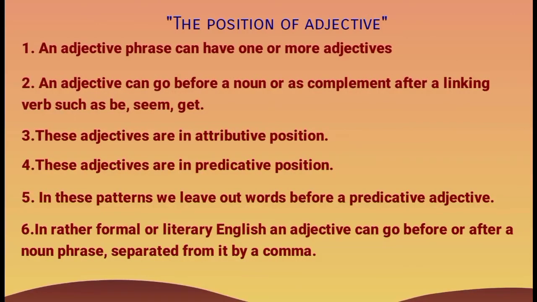Definition of adjective. 1. An adjective phrase can have one or more adjectives. 2. An adjective can go before a noun or as a complement after a linking verb such as be, seem, get.